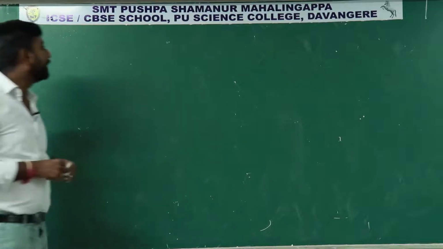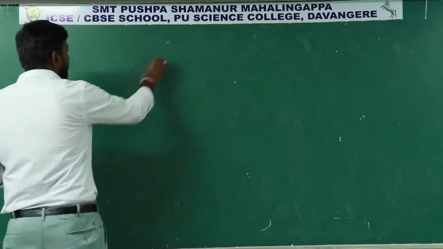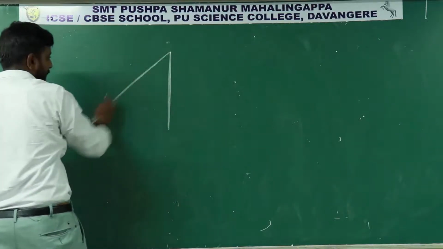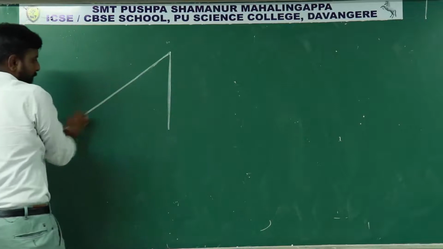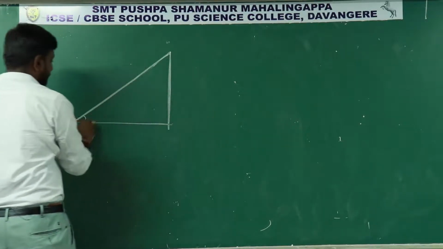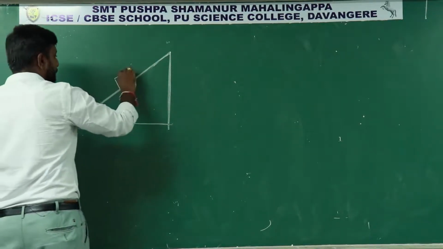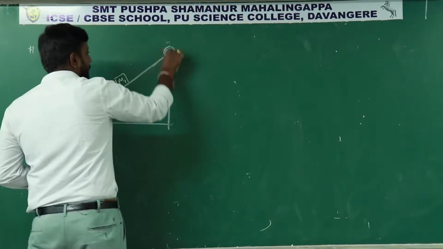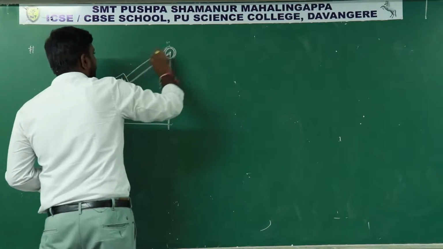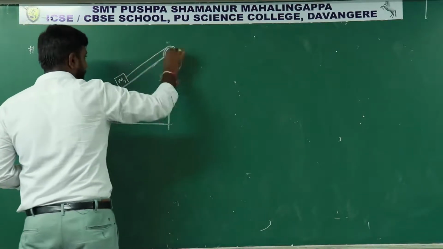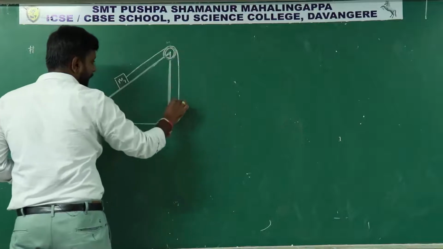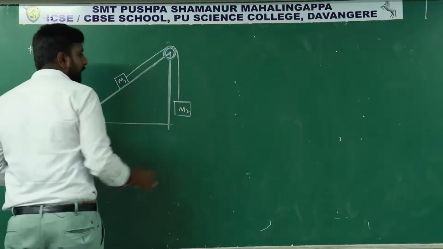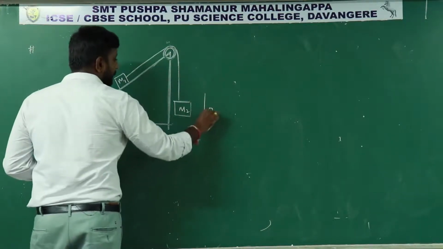Based on that, see one example problem. There is a wedge. This is the wedge, and this angle is theta. There is a block of mass m1, and here there is a pulley, and this string is rolling over this pulley, and another block, mass m2, whose acceleration is downwards.